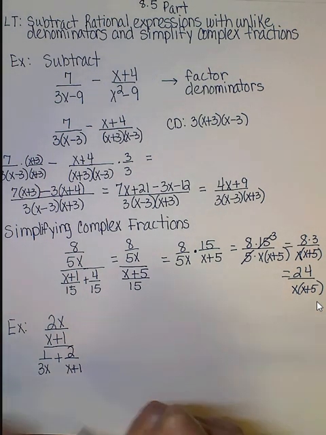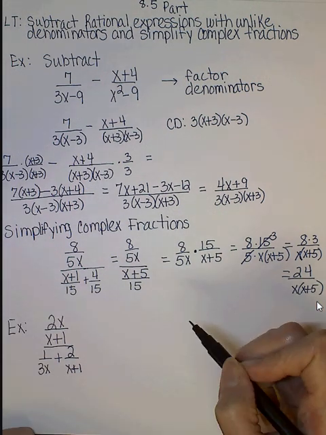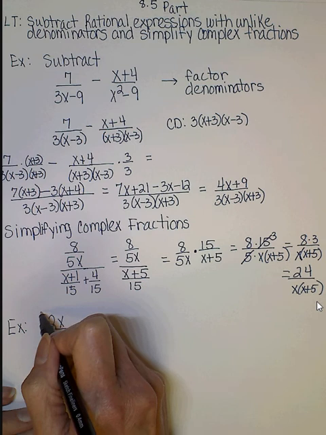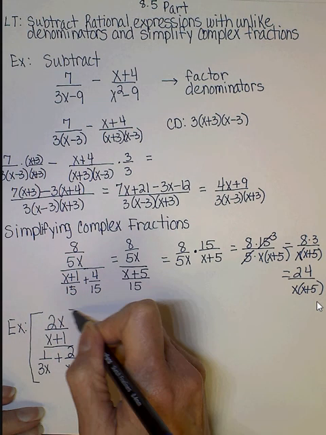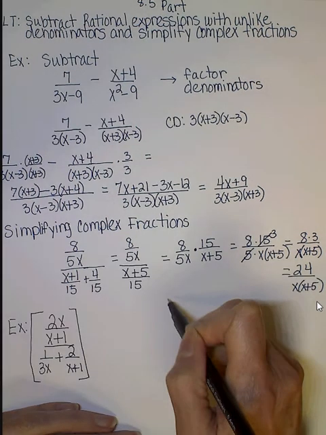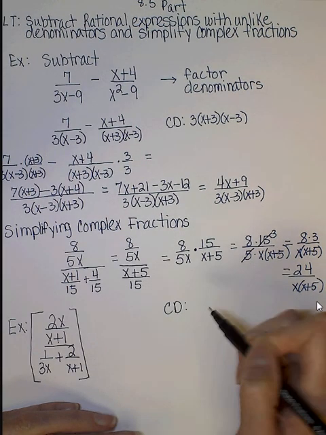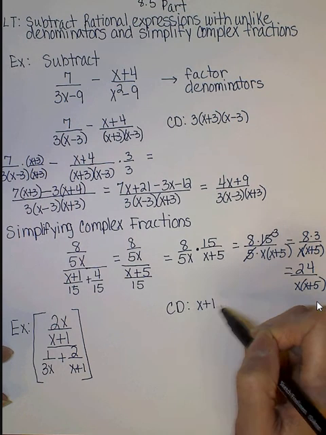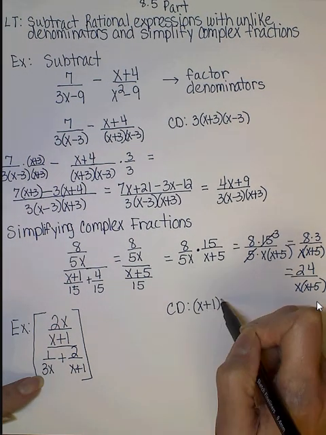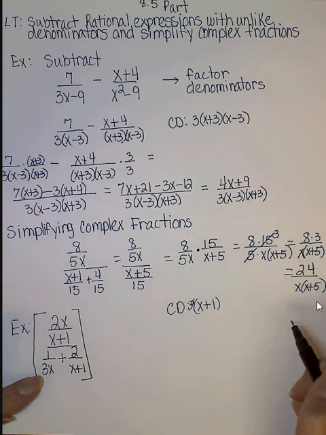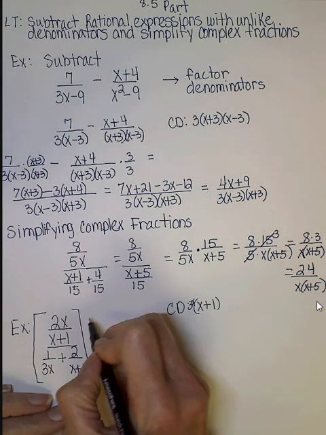And then you can do what I did up here and multiply by the reciprocal. But I'm going to show you another technique that makes it a little bit easier. I'm going to think about what the common denominator is. So I know I have an x plus 1. And then I also need to multiply it by this 3x. Okay, so 3x times x plus 1 would be my common denominator.